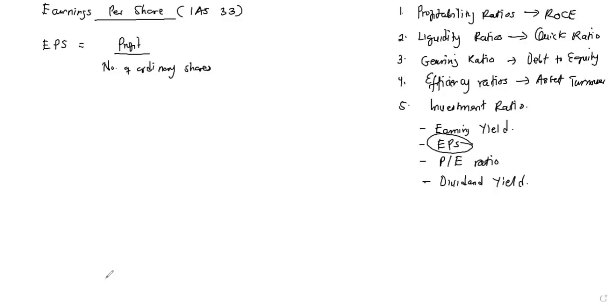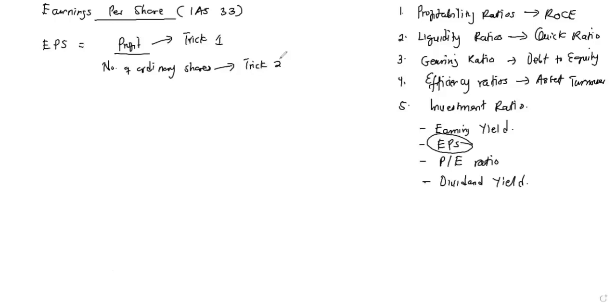If you don't fulfill those conditionalities, you cannot report the earnings per share correctly. So the first thing you should know is that there can be a trick with the profit. I call it trick one. And also there can be a trick with the number of ordinary shares. I call it trick two.